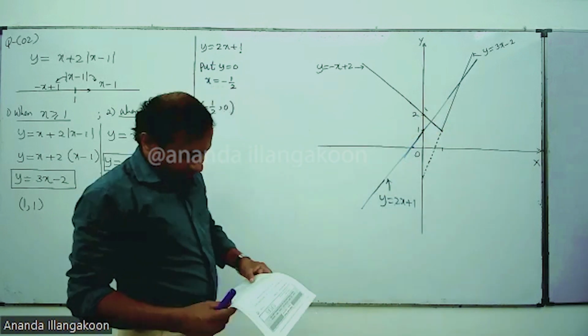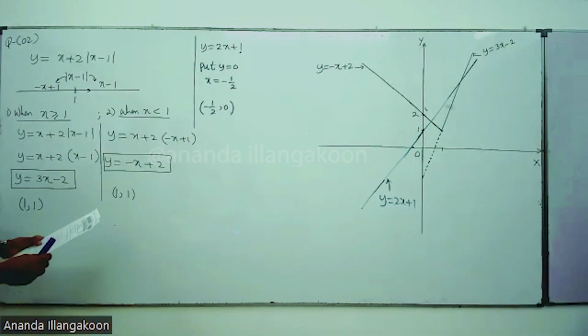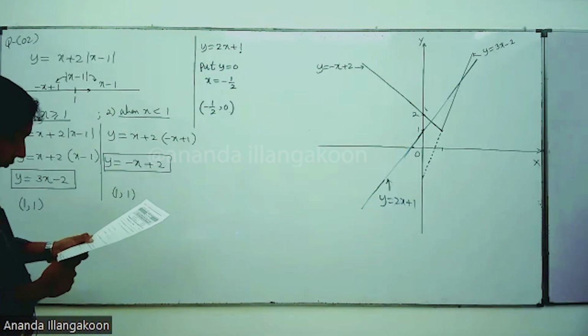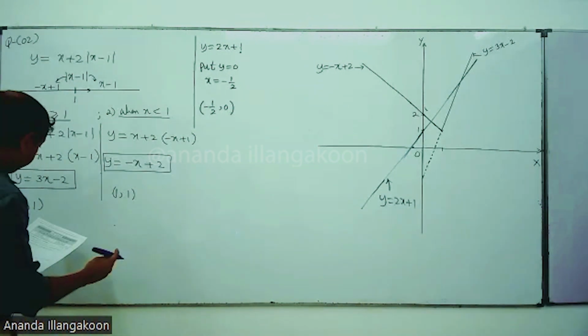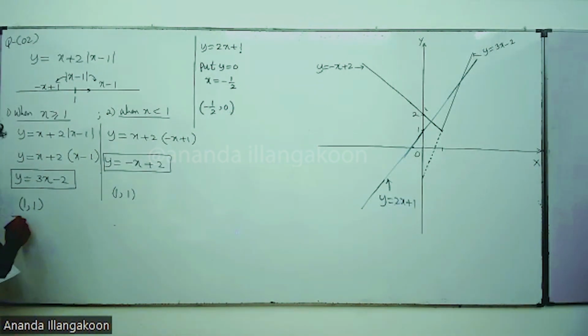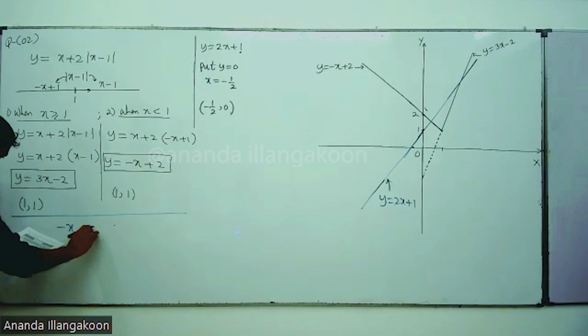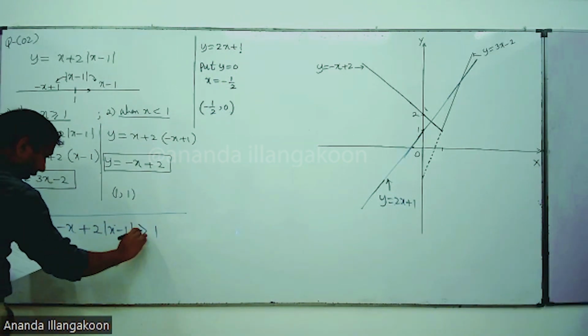Okay. Now what is being asked? Hence solve the inequality. What is that? Minus 6 plus 2 times mod x minus 1 greater than 1.